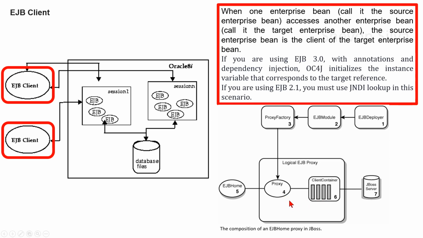The dynamic proxy instance is bound into JNDI as the EJB home interface that clients look up. When a client does the lookup of an EJB home, the home proxy is transported into the client VM along with the client container and its interceptors.